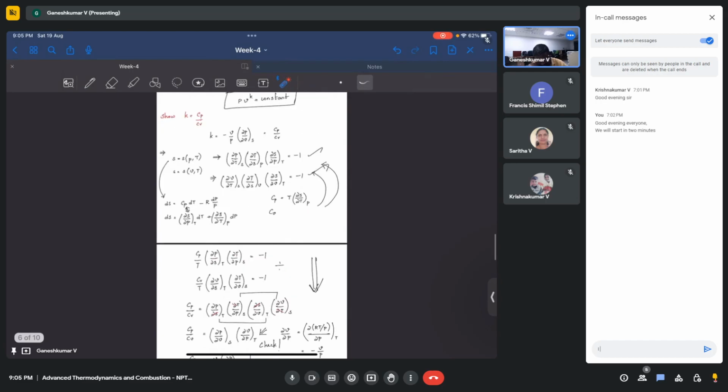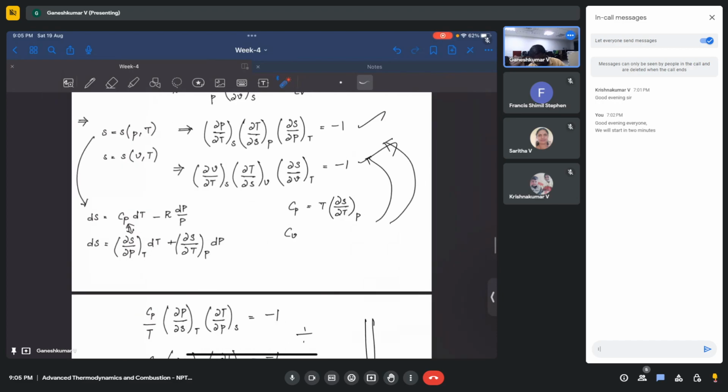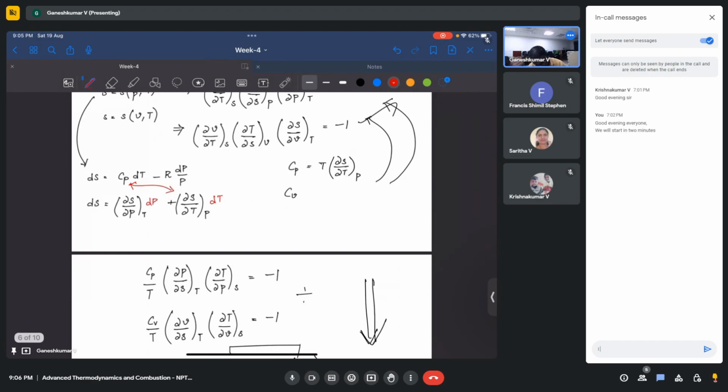This is the outline. You just need to use this. Find Cp. So Cp is going to be something like this, I guess. See, the mistake is clear here. So this is going to be dP and this is going to be dT. So actually Cp is this, right? Similarly, you can do Cv, right?